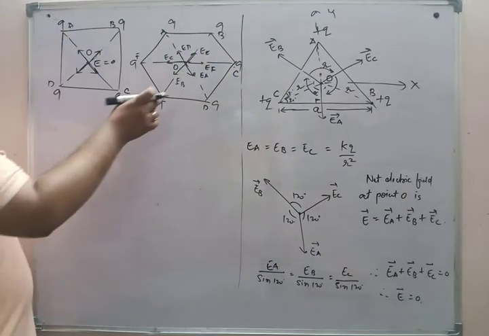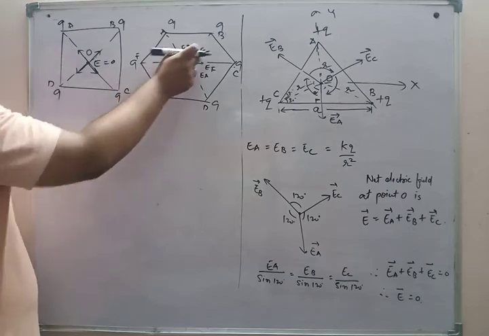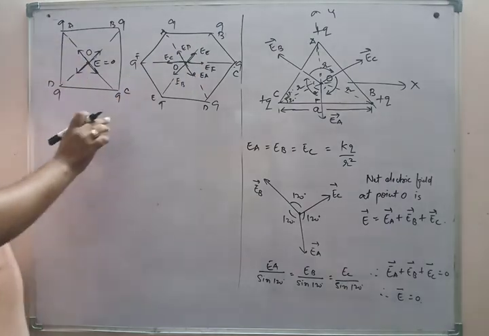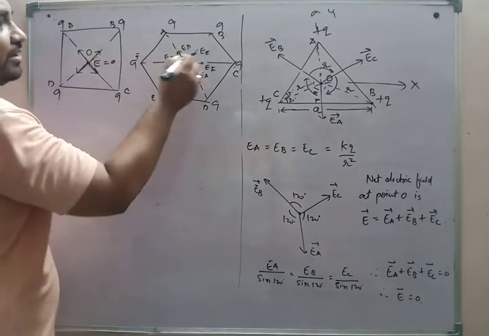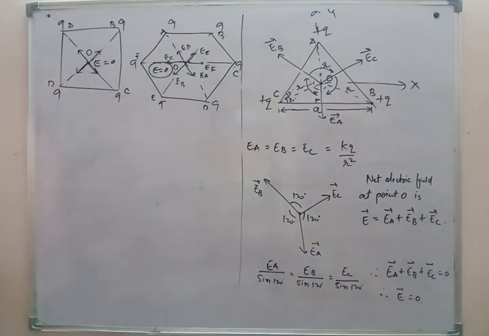You can easily understand that EA and ED will cancel each other, EB and EE will cancel each other, and EC and EF will cancel each other. So the resultant electric field at the center will again be 0.